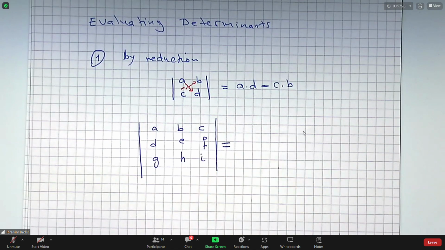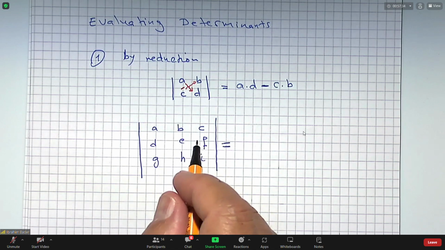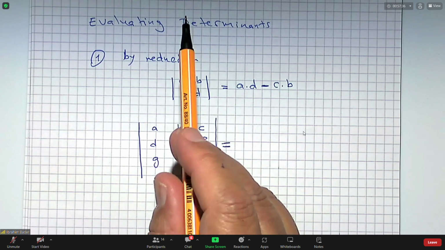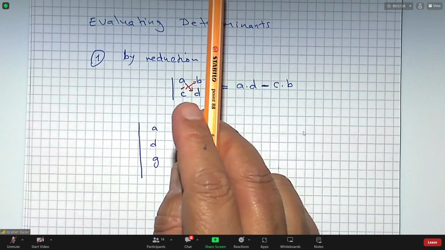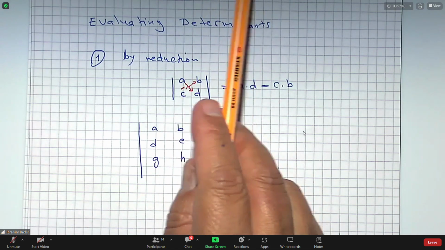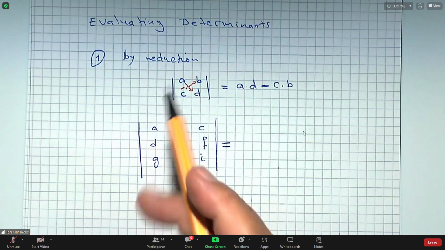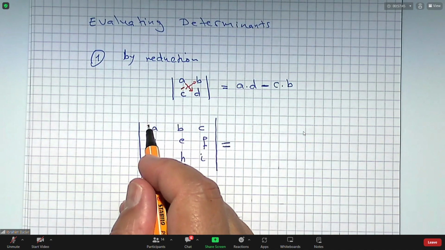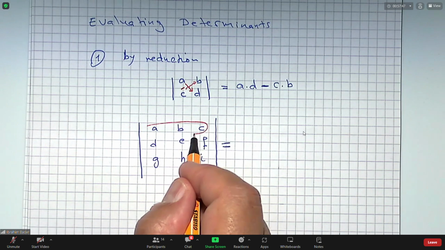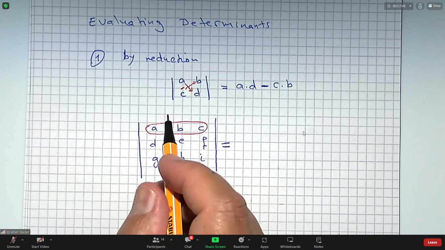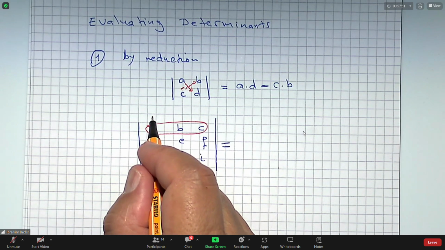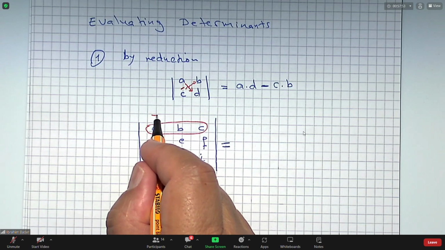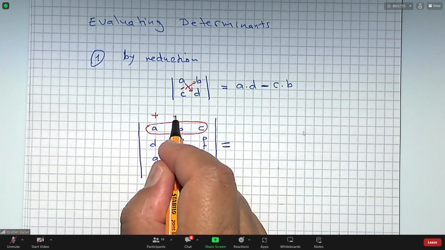The first thing here, we can do it according to any row, but because we will use it for the cross product here, we placed I, J, K in the first row. Let's do it along this first row. Now here, Leibniz rule says that this is alternating positive, negative, positive.